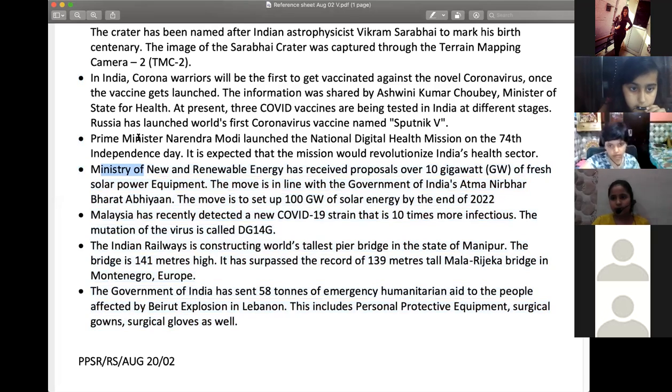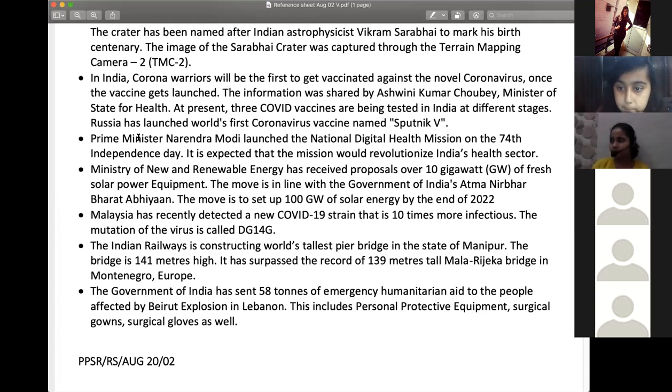The Ministry of New and Renewable Energy has received proposals for over 10 GW of fresh solar power equipment. The move is in line with the Government of India's Atmanirbhar Bharat Abhiyan.